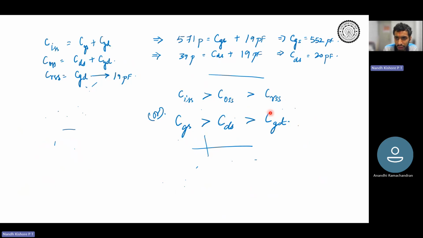And since CRSS is the smallest and very, very small in comparison to your CISS and COSS, you can safely tell that CGS is more than CDS, more than CGD, right? So this is an observation that you see for MOSFETs, correct? So any doubt in this question?